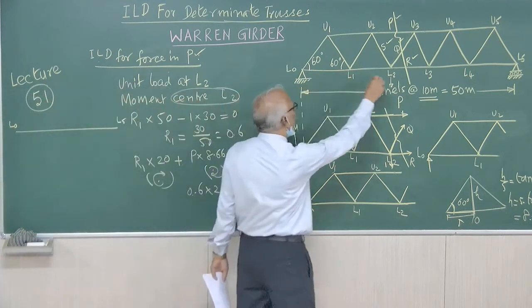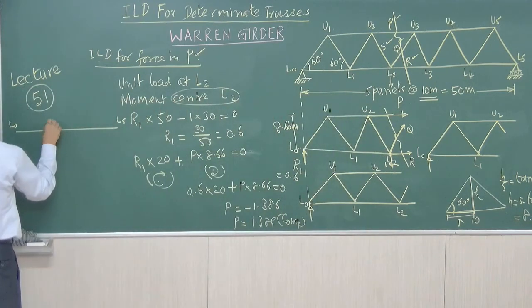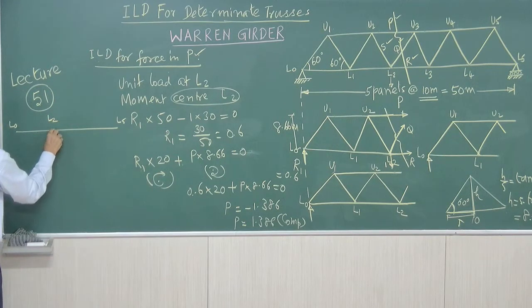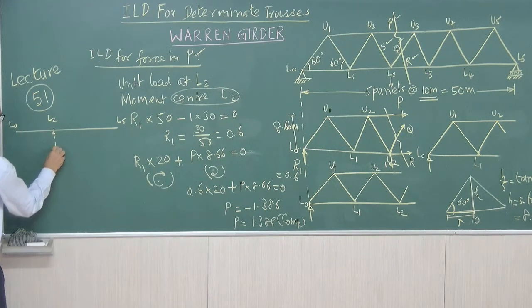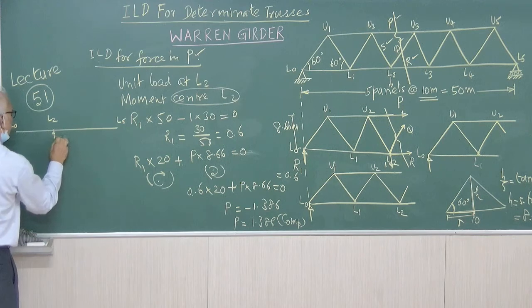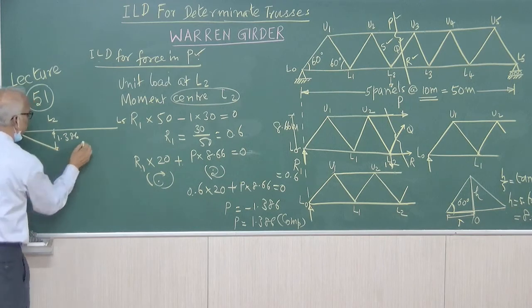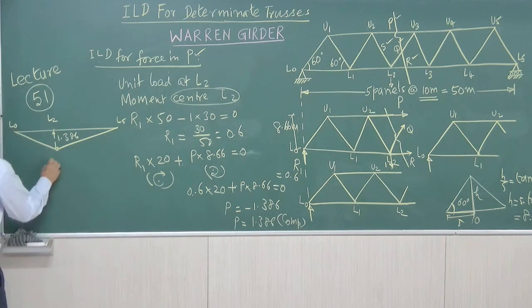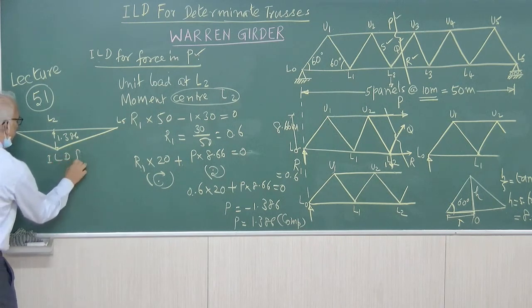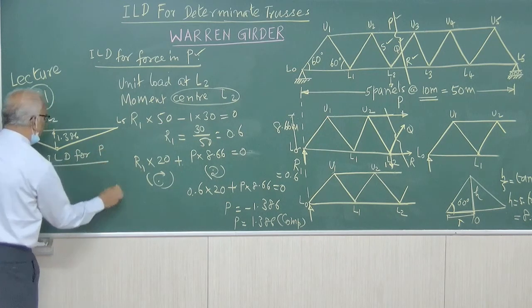We have applied the unit force at L2, so at L2 the ordinate here is 1.386. So, this is the ILD for the force in P.